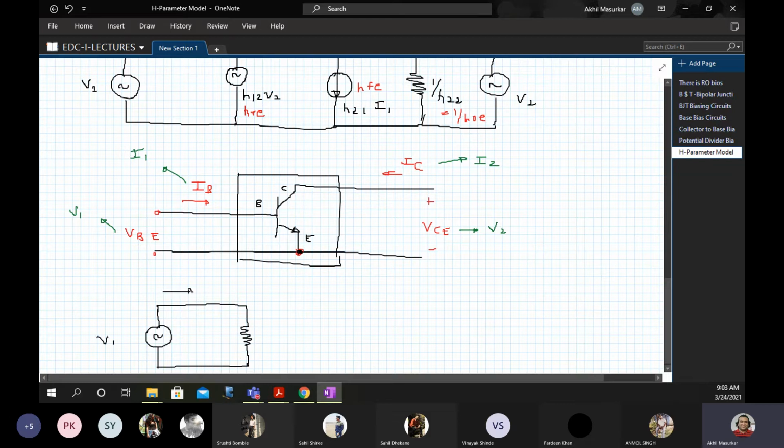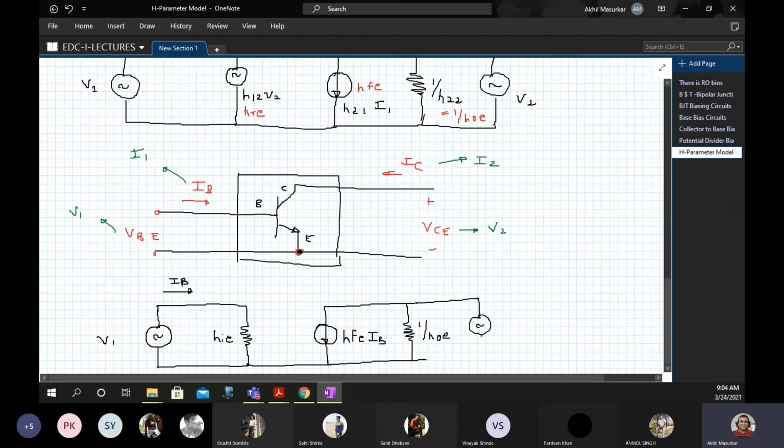This is V1, this is I1 and this is HIE, this is going to be IB, and on the other side we have a current source whose value will be HFE into I1, but I1 is IB, and here we have 1 upon HOE. This is V2 and this is I2.